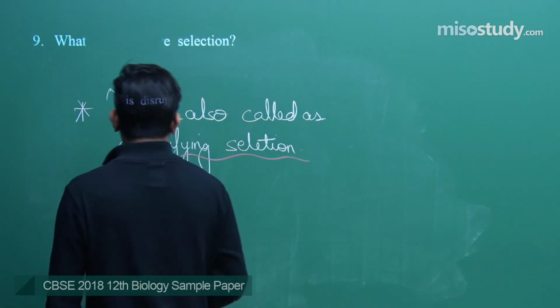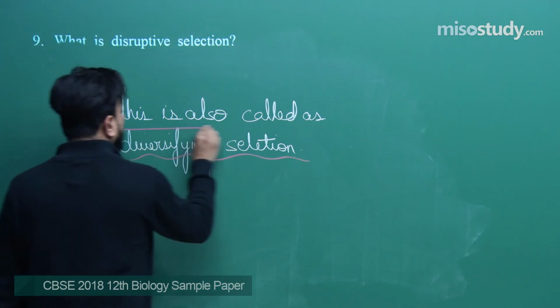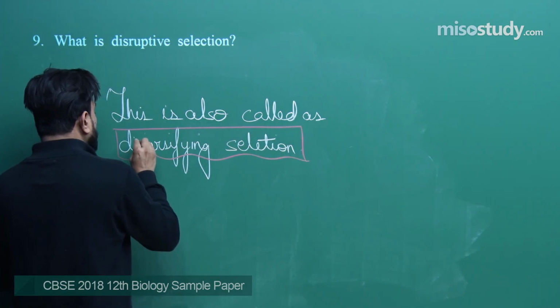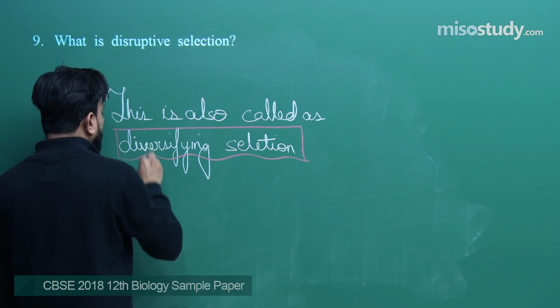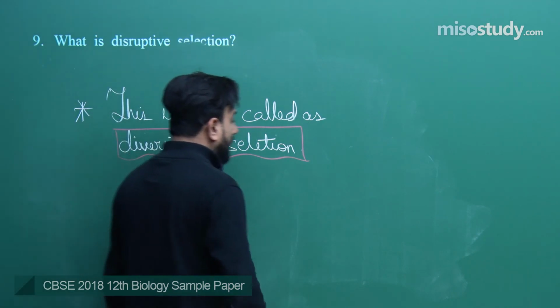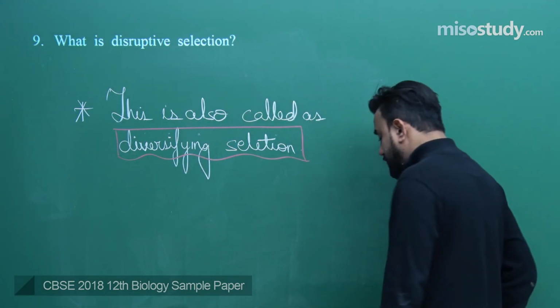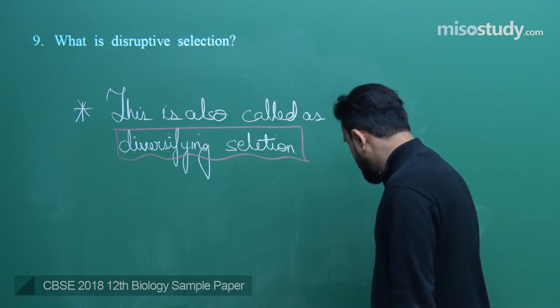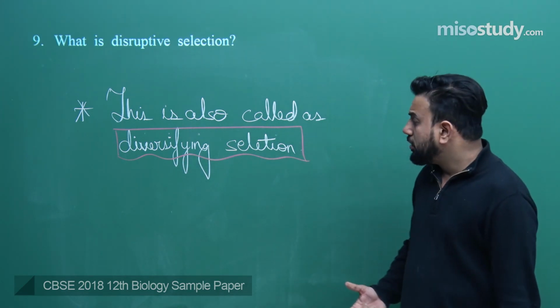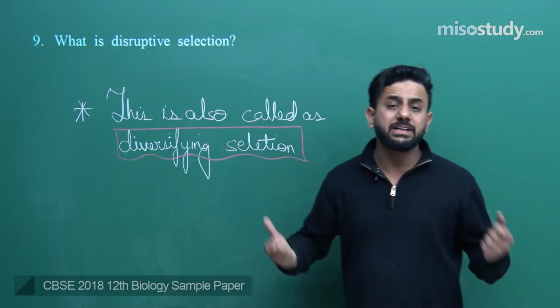Now look at the word diversifying selection. This is I and not E. How is it looking? Diversified. So what is getting selected? Diversified things.